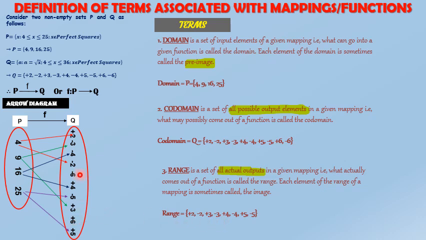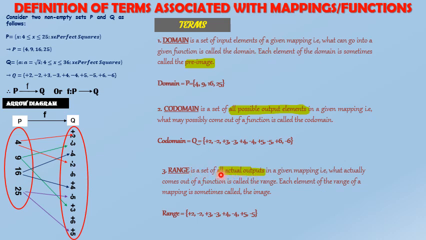Why? Because while they are part of the output elements, they do not have any association with any input element. Hence, they cannot be part of our range.